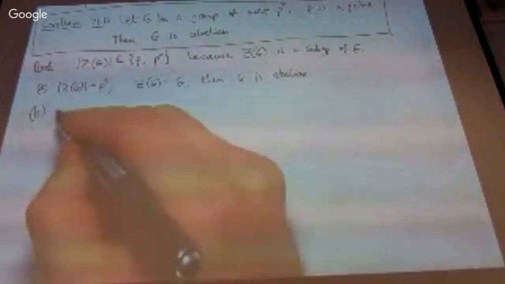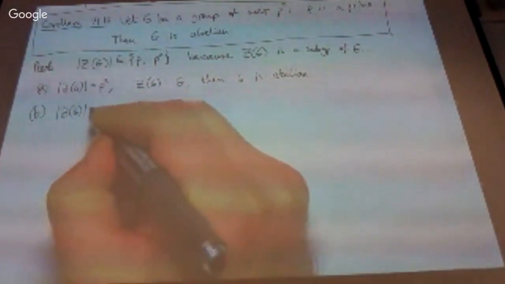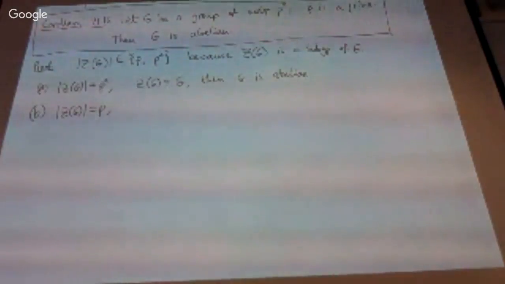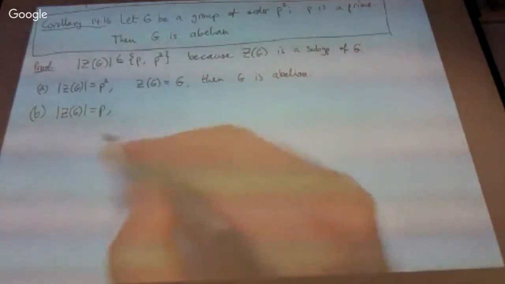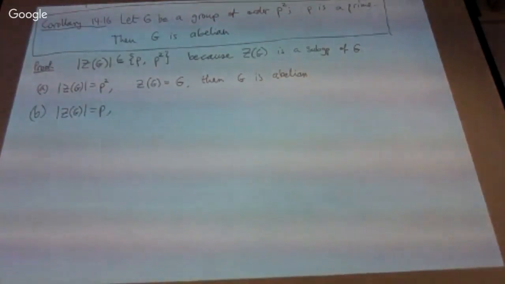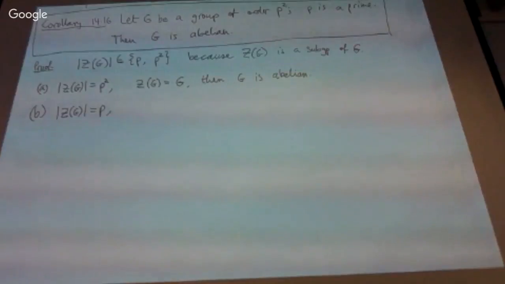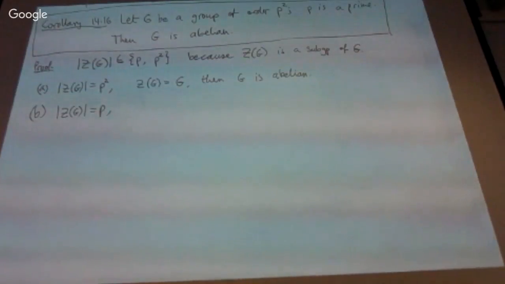The second option is that it's p. So what is the center? It's a subgroup of prime order, so it has to be cyclic of order p.